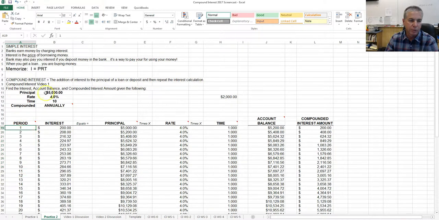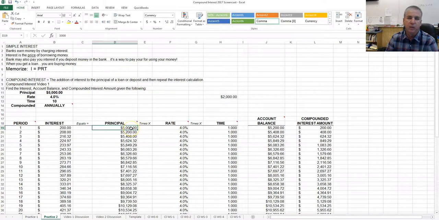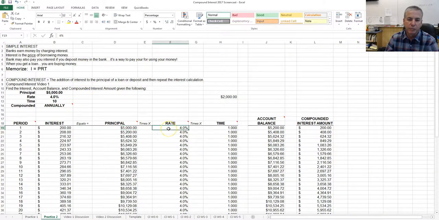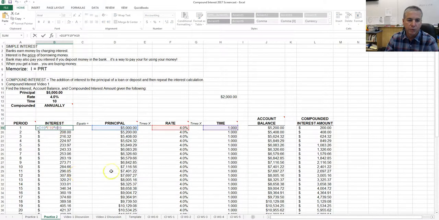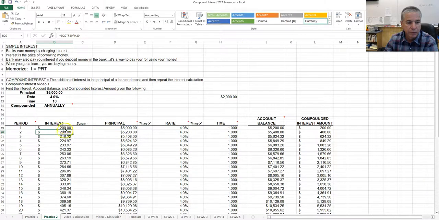So how does this work? Well, we start with the $5,000, and then we put in our interest rate and our time, and apply the simple interest formula. This is principal times rate times time, and with that calculation we get $200 in interest.